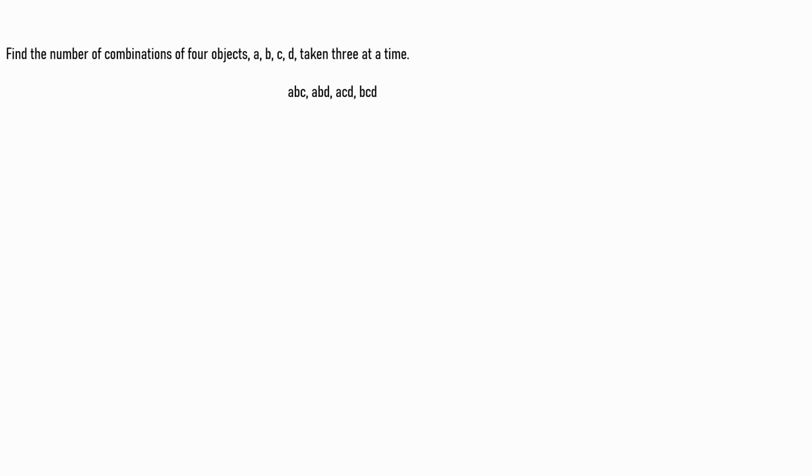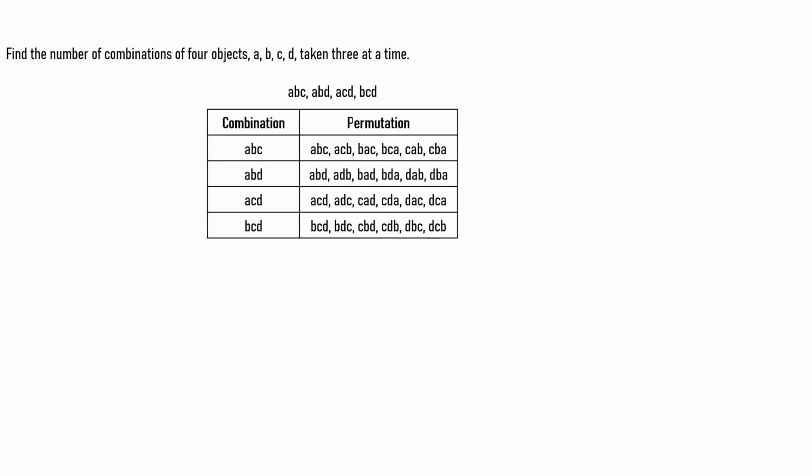Therefore, the combinations of 4 objects A, B, C, D taken 3 at a time are ABC, ABD, ACD, and BCD. Since there are three letters in each combination, there are 6 permutations, or 3 factorial.